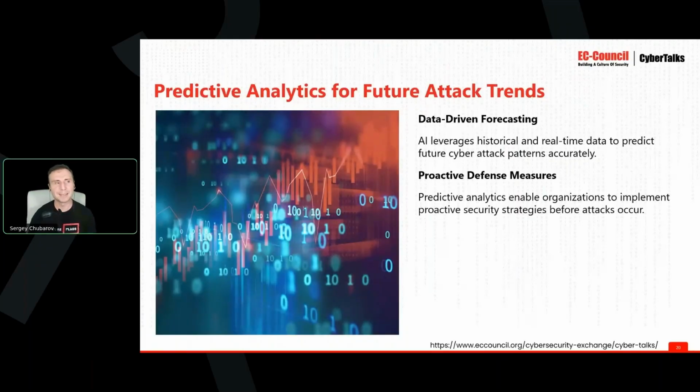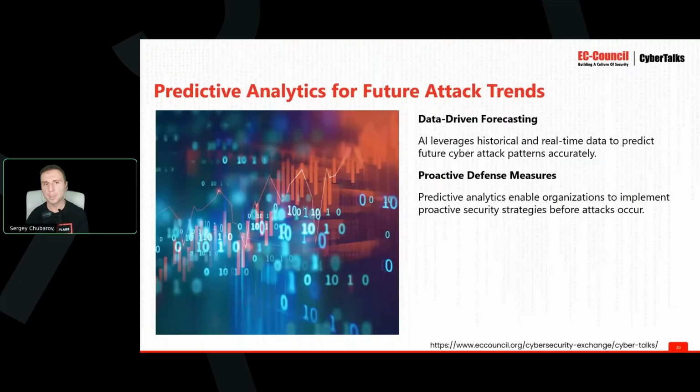Okay, so one of the things that can also be done by AI, and it may be the case in enumeration but not only, is forecasting. When AI learns from historical data, it may be able to make predictions.